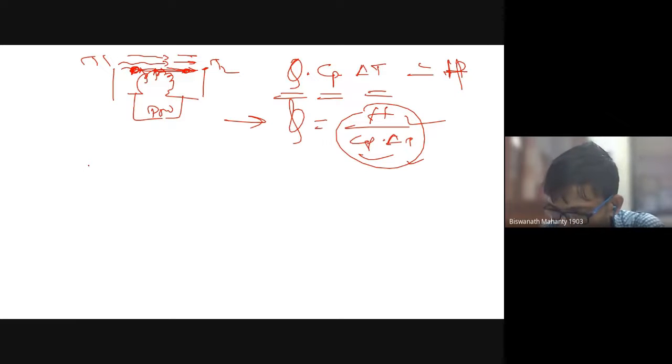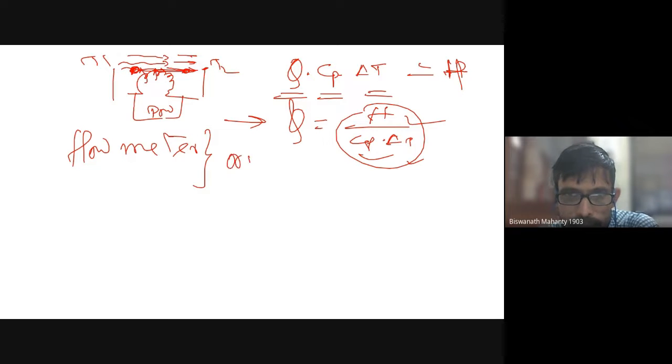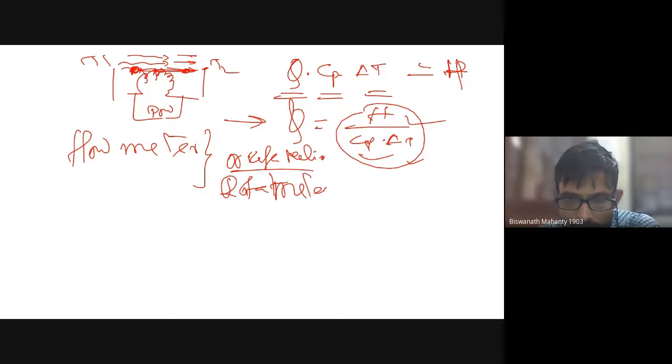One liquid flow measurement approach, the first one, is that we can have some flow meter. Maybe we can use an orifice meter or a rotameter. Rotameter is also used for gas, but some 5% variation is there.